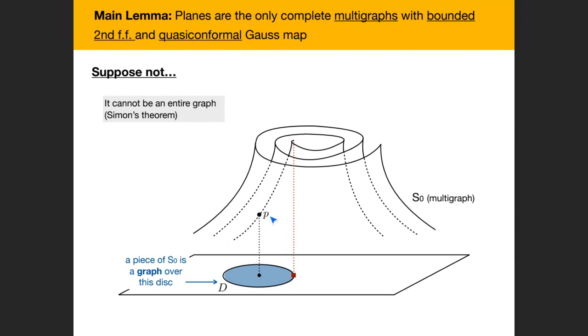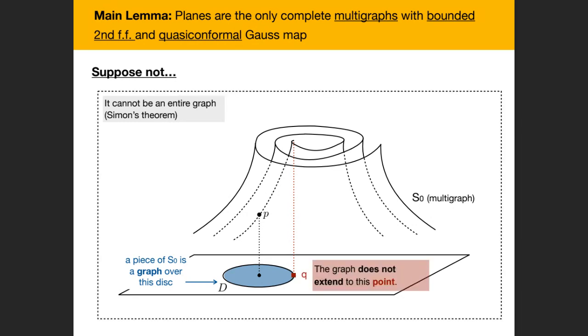So take any point of the surface, take the neighborhood around which the surface is a graph over some disk, this D here in the horizontal plane. And since your surface is not an entire graph, there must be some point at the boundary of D. If you take the largest disk possible, there must be a point in the boundary of this disk at which the surface cannot be extended as a graph. Okay, so I'm going to label as Q this point at which the surface cannot be extended as a graph.